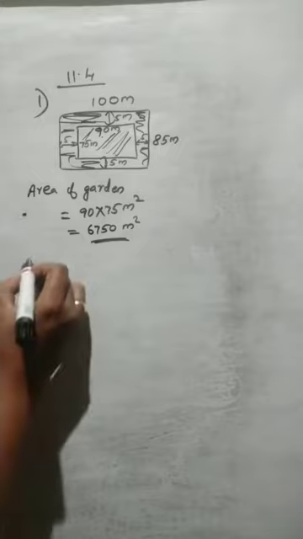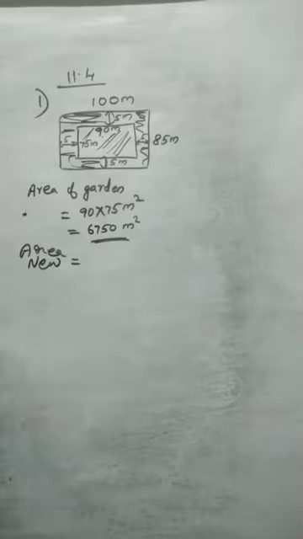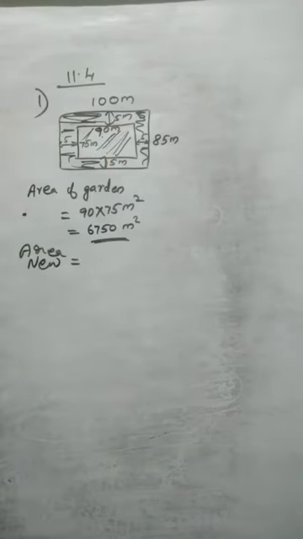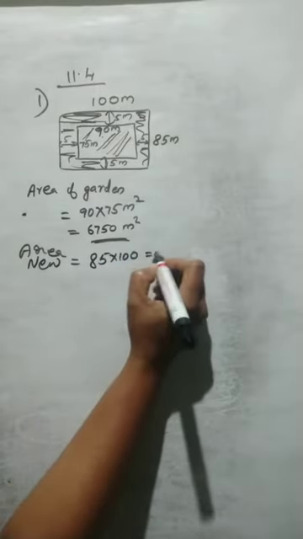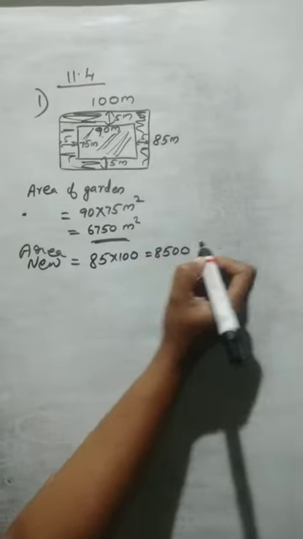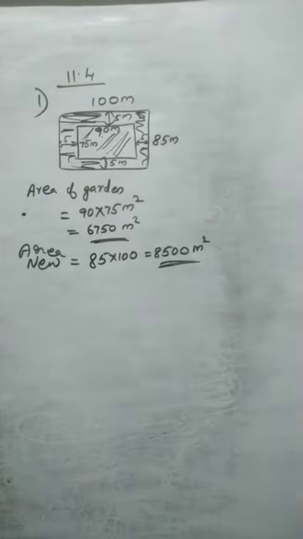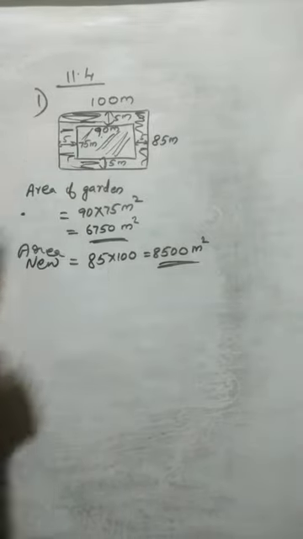Now we have to find new garden, area of new garden. That is equal to 100 multiplied by 85. 85 times 100 is equal to 8500. That is 8500 meters square. So now next step is we have to find only the path.